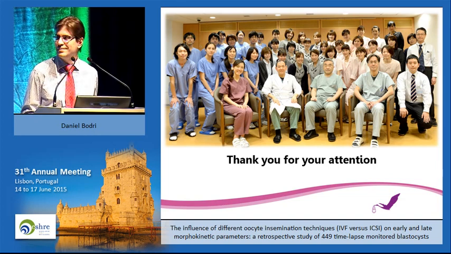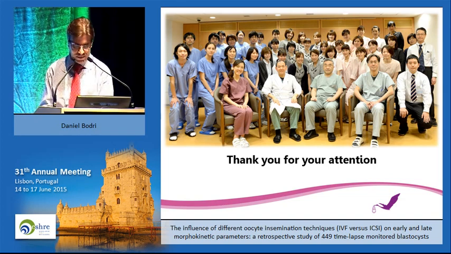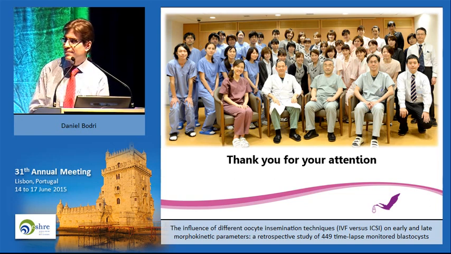I just have one short question. Did you consider controlling for age as a confounder, since the IVF patients were 2 years younger, and age has been shown to be a confounder with relation to timing of blastocyst formation?